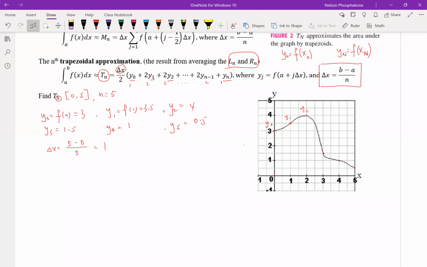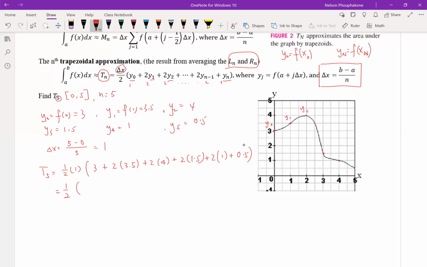Then we can calculate T sub 5. It will be 1/2 times delta x, which is 1, multiplied by y naught, 3, plus 2 times y sub 1, 2 times y sub 2, 2 times y sub 3, 2 times y sub 4, plus, remember, just y sub 5.